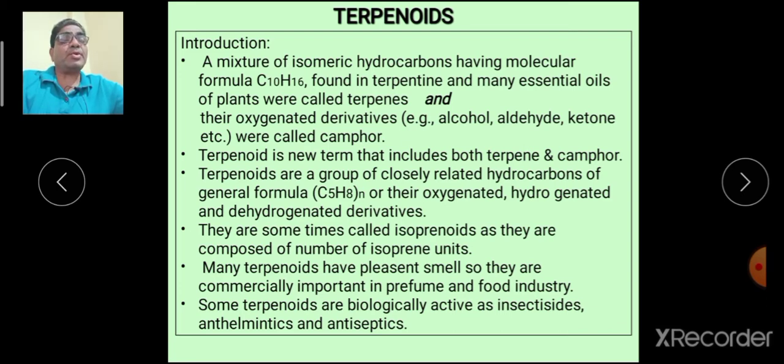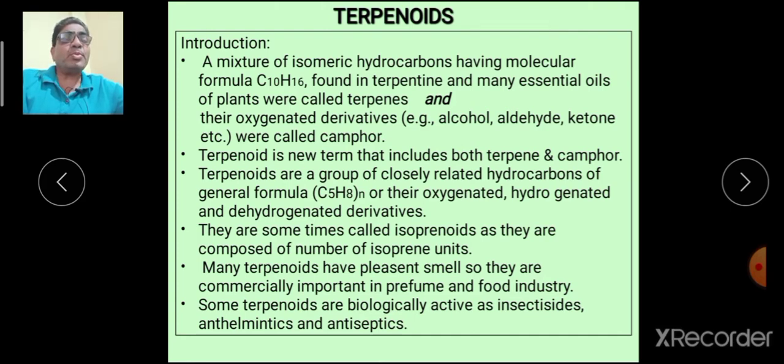C10H16, that is only hydrocarbons, and their oxygenated derivatives, for example alcohol, aldehyde, ketones, were called camphors. Terpenes and camphors are included in a new term and called terpenoids.